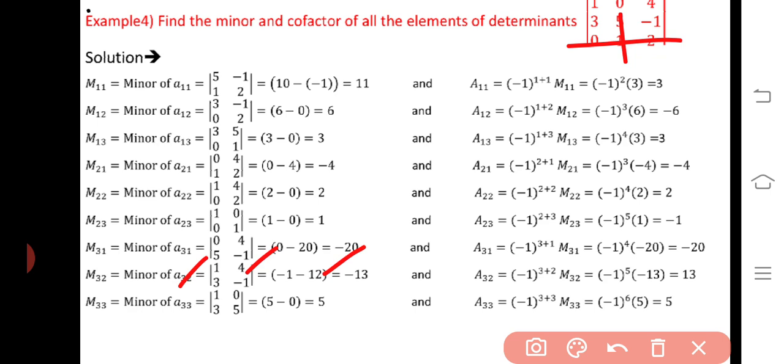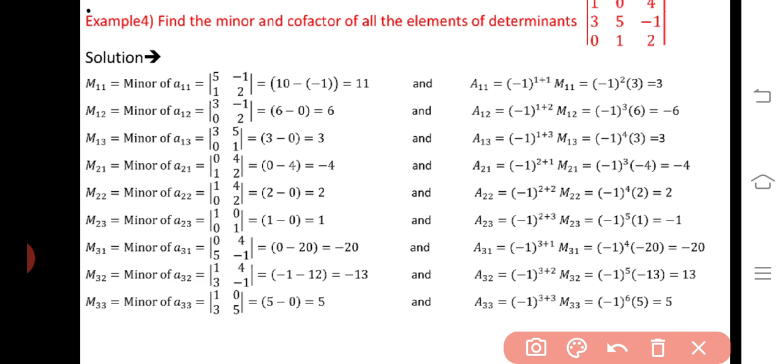And cofactor of A32 is minus 1 to the power 3 plus 2 into minor of 3 2. Minus 1 to the power 5 is minus 1, into minus 13 will get plus 13. Yes.